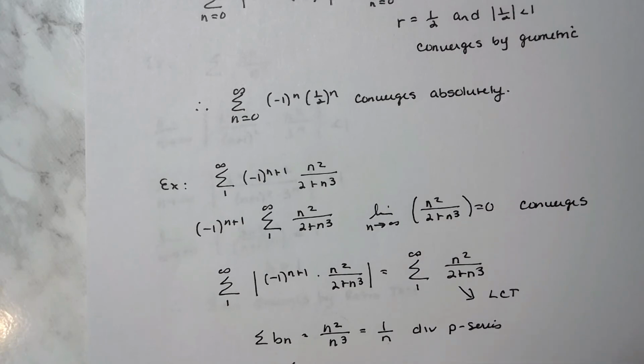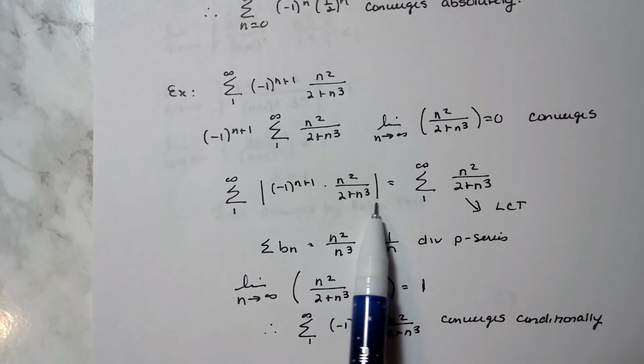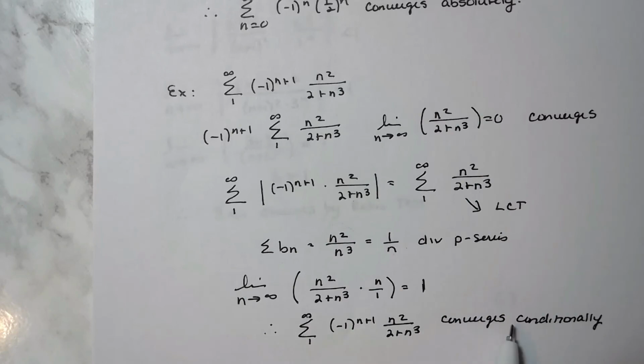What this does is guarantee by the limit comparison test that this series is going to do whatever this series does. So in this case, it's going to diverge. So we have converge, diverge, and so I say that this thing converges conditionally.